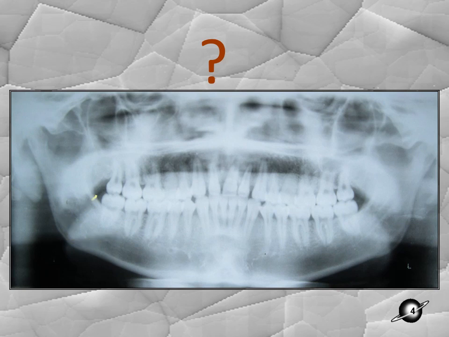All the structures seen on the right hand side are seen on the left hand side also, but they are not well defined. Those structures, as I told you, we call ghost images. We can see the left hand side angle of a mandible on the right hand side, and this is always seen distorted, in the opposite side, superimposed on the right hand side, and it's elongated when compared with the opposite side.